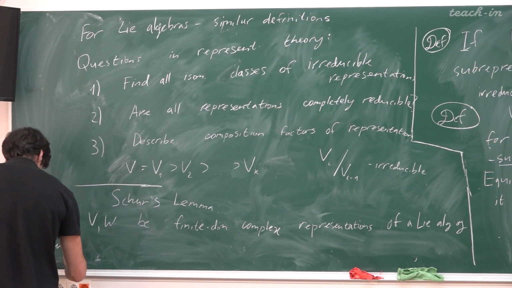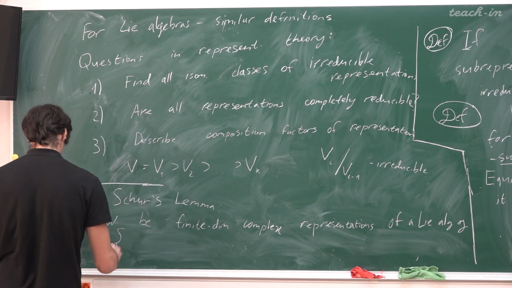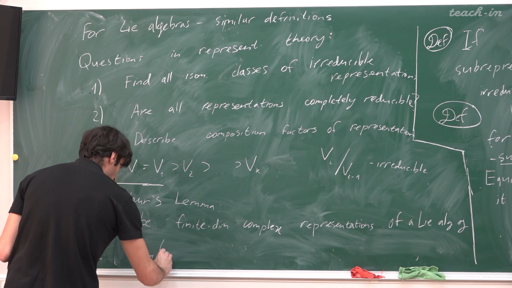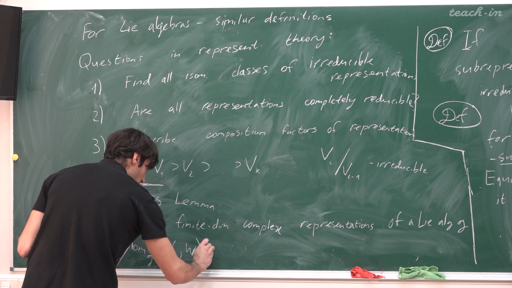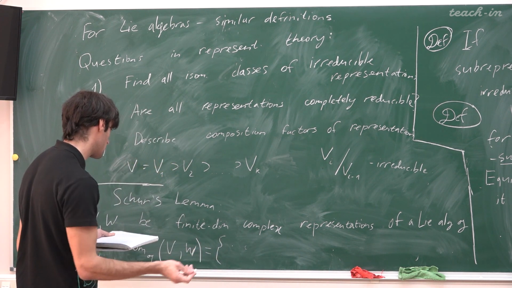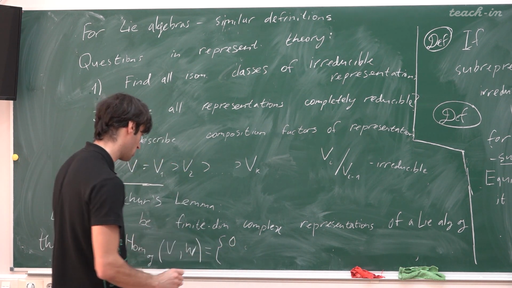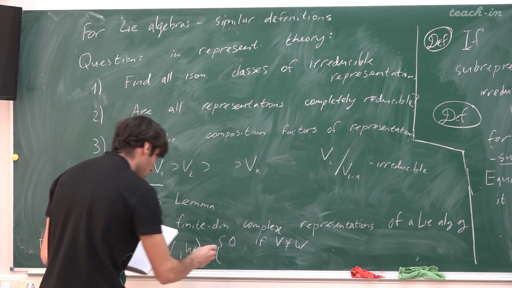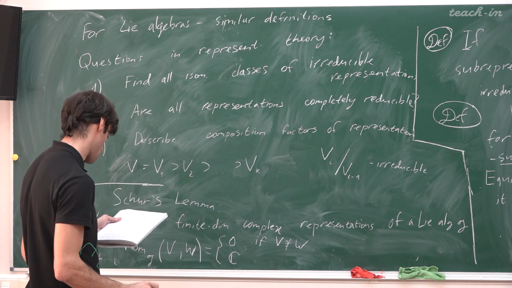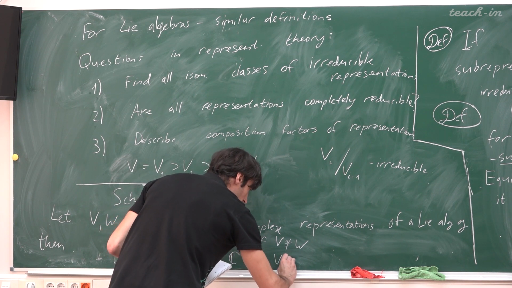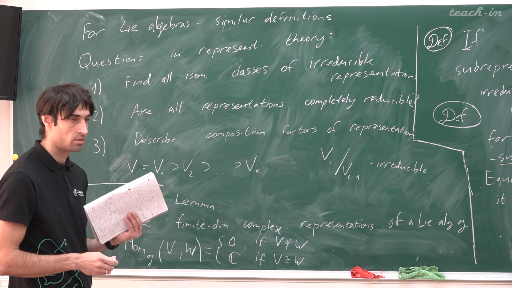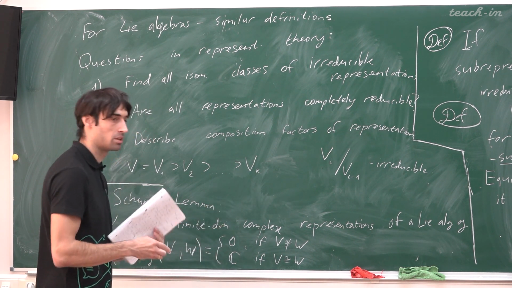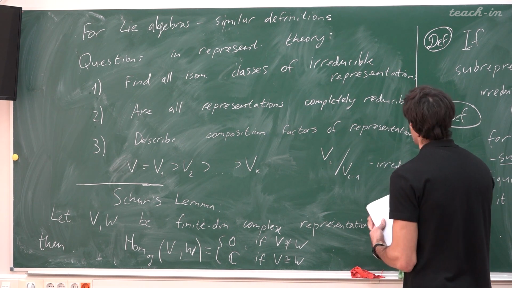Then the following is true: if you consider all homomorphisms of these representations, then there's either nothing, so it's 0 if V is not isomorphic to W, or C if V is isomorphic to W. Here 1 is just the identity, and then you can multiply it by a number. That's where this C is.